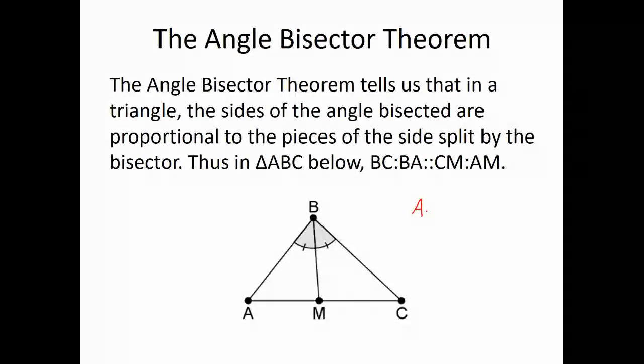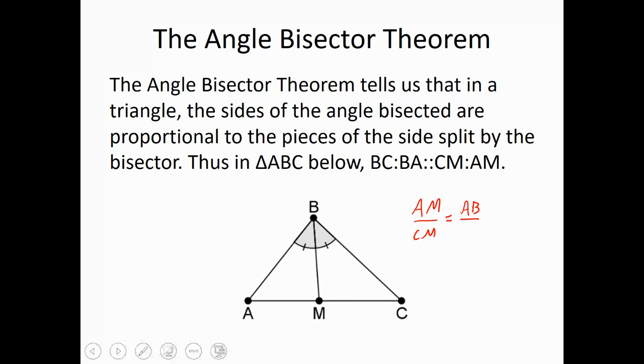So in this case, AM over CM is equal to AB over BC. I have that written a bit differently up above, but ultimately those are the same. So that's what you're supposed to prove. And I will give you the constructions. So I actually give you what is most difficult about this proof.